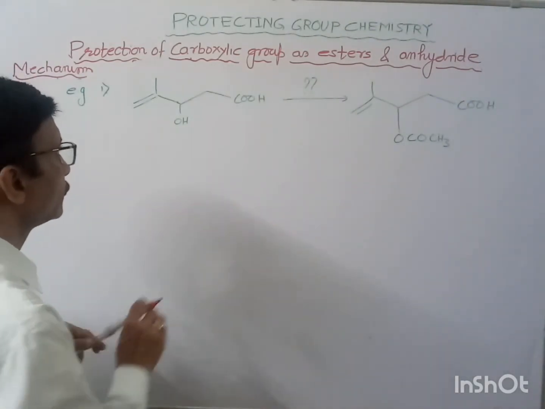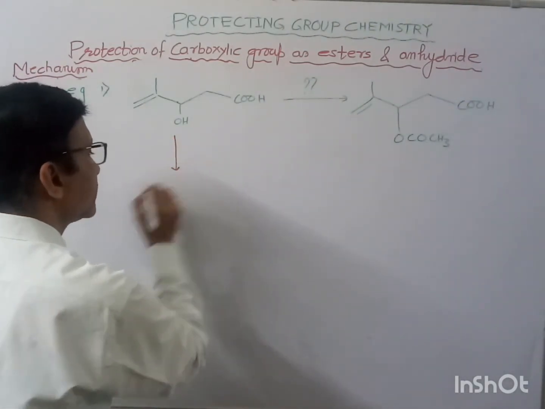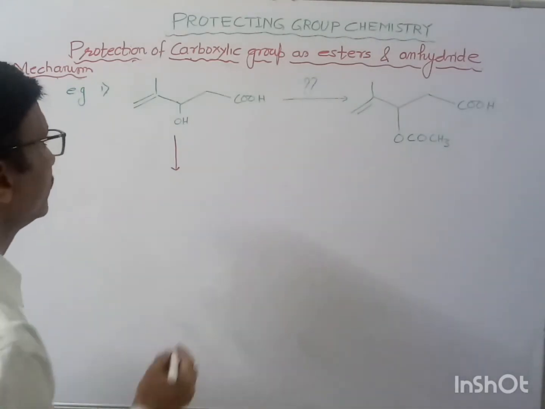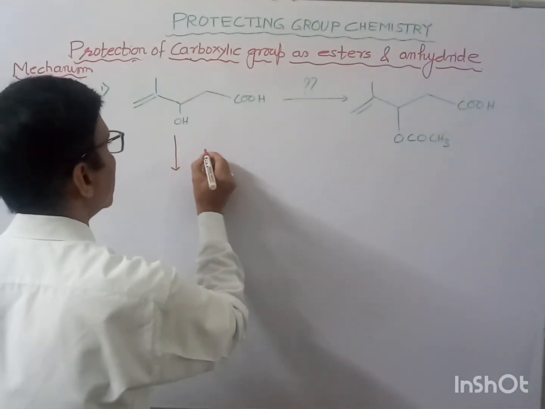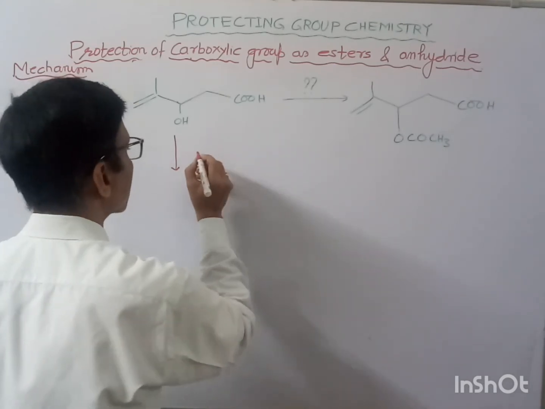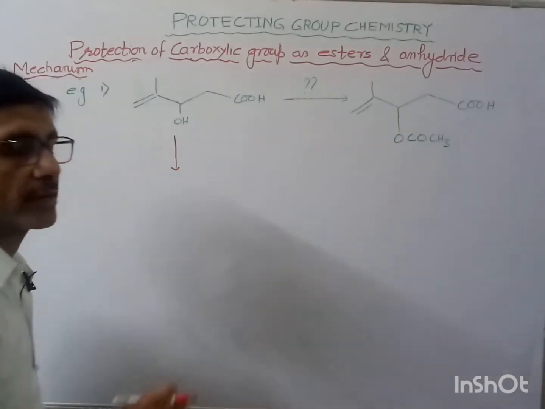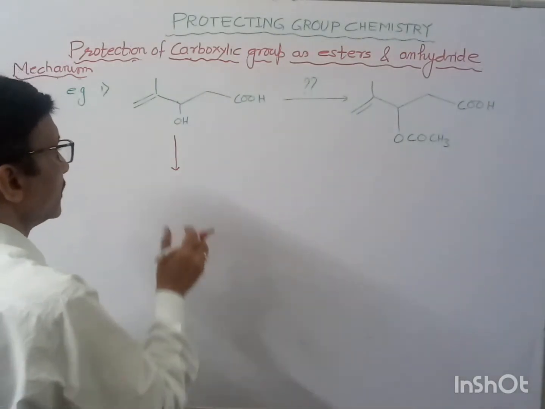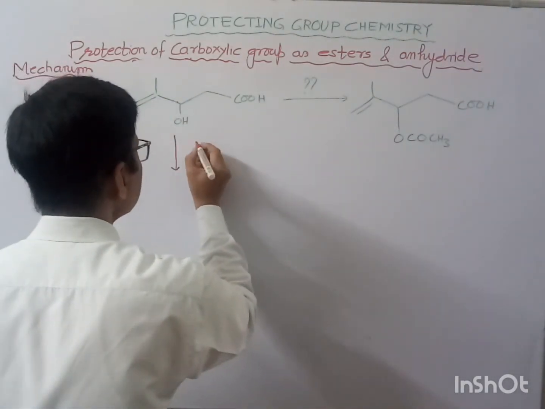So what should we do? We can protect it in any way, and suppose I write the silyl ester: the COOH group can be converted into a trimethylsilyl ester.